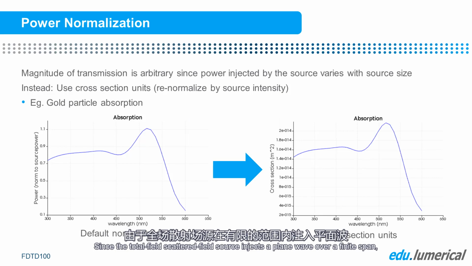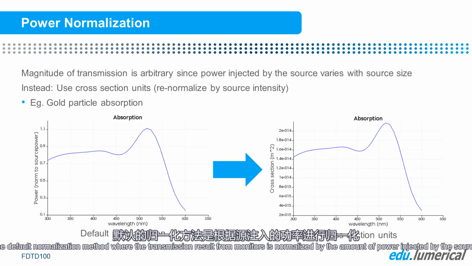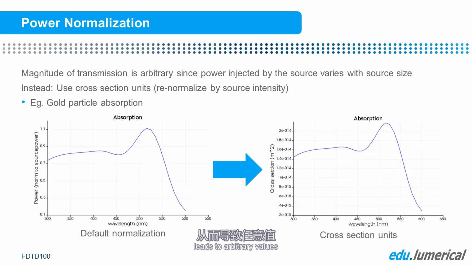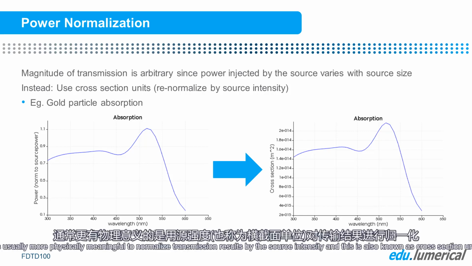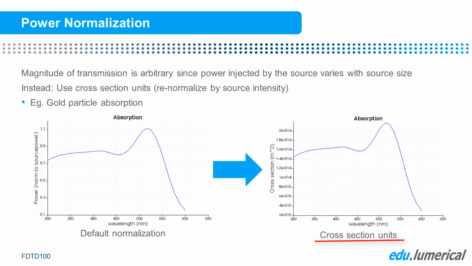Since the total field scattered field source injects a plane wave over a finite span, the default normalization method, where the transmission result from the monitors is normalized by the amount of power injected by the source, leads to arbitrary values. Because the power injected by the source depends on the size of the plane wave injected in the total field region of the source, it's usually more physically meaningful to normalize transmission results by the source intensity, and this is also known as cross-section units.